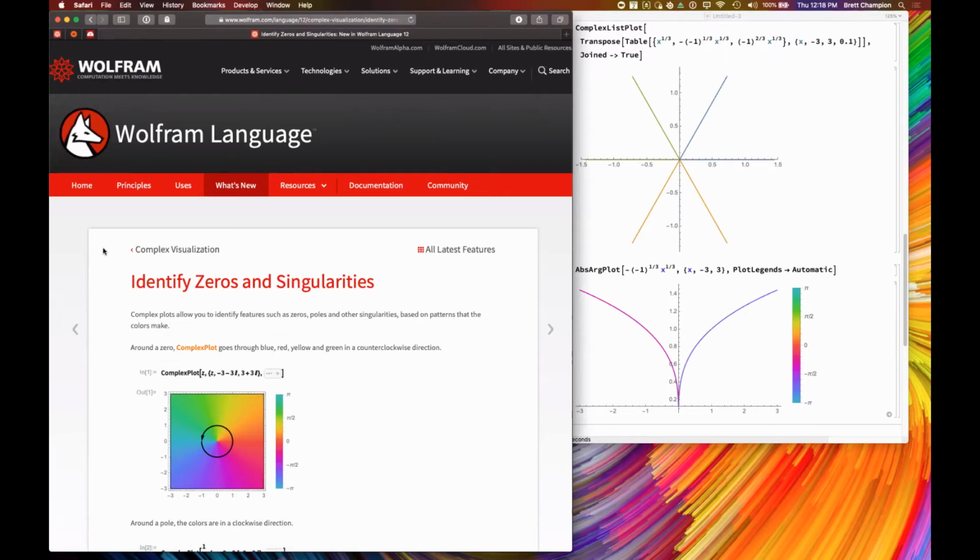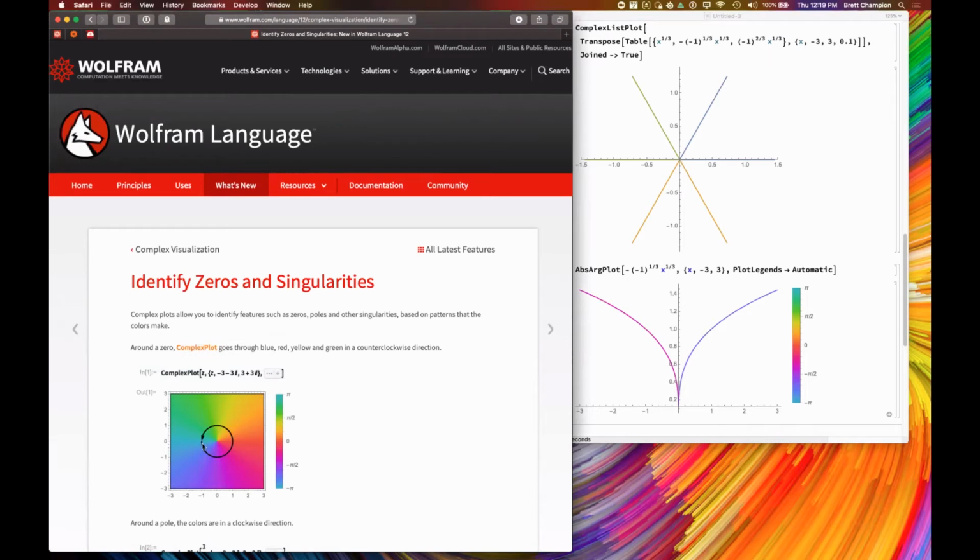So we're going to look at a series of very simple functions that we know the behavior of, and use that to identify what features look like. So we're starting off with z, the simplest non-constant function that you can get.